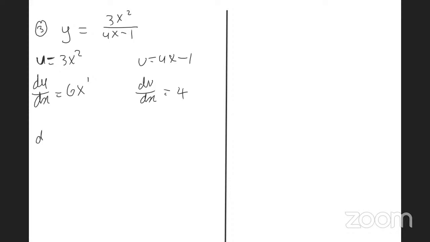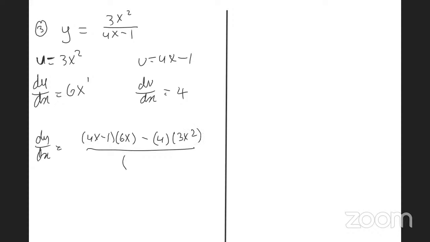Then we come to the formula now. dy/dx is equal to v, which is 4x minus 1, by 6x, minus 4 by 3x squared, all over v squared, 4x minus 1 squared.